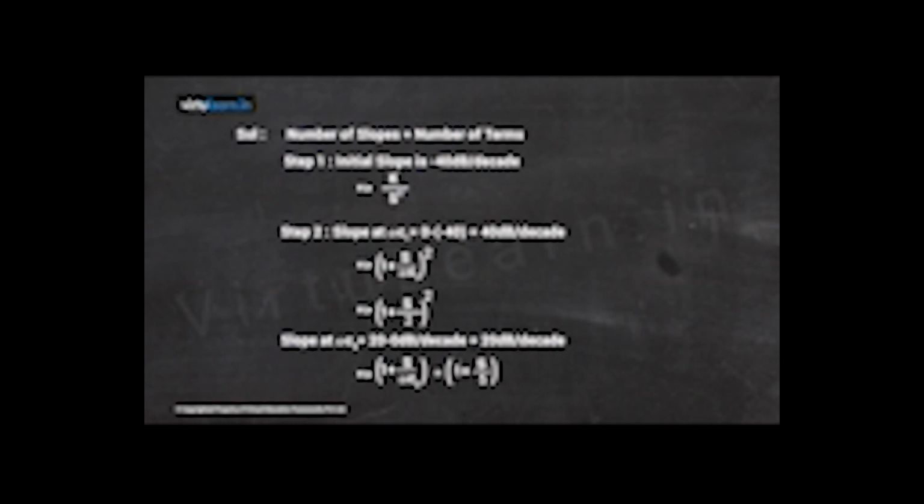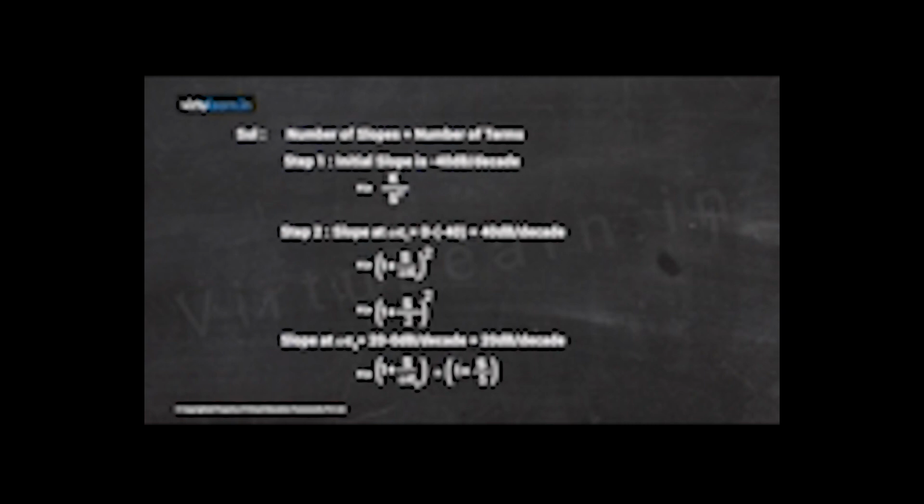It is clear from this diagram: 0 minus minus 40 results in plus 40 dB per decade. Plus means zeros, and 40 I can write as 2 into 20. Therefore, there are 2 zeros at this corner frequency, so there are 2 finite terms.